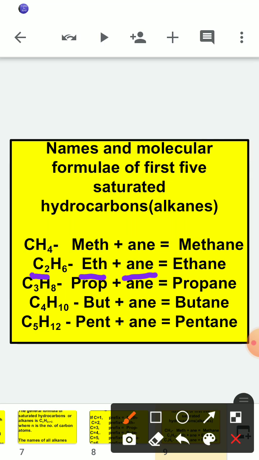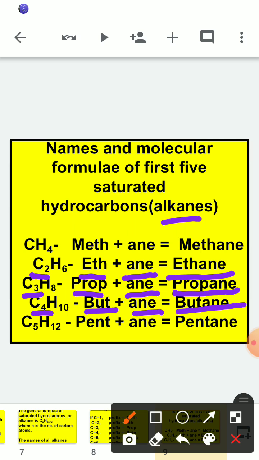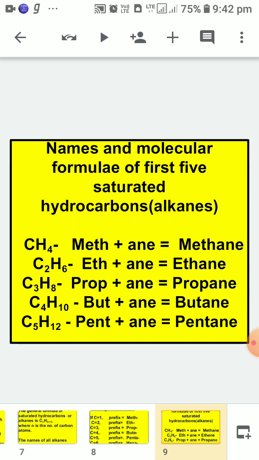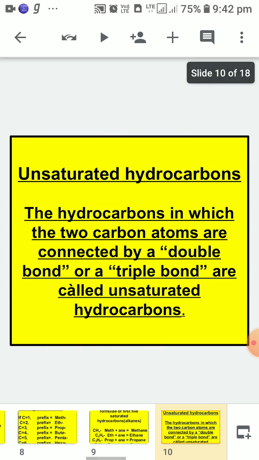So the complete name is ethane. For C3, the prefix is prop, for alkanes the suffix is ane, so the complete name is propane. In the similar way, for 4, butane. For 5, pentane. So these are the first 5 members of the alkane group.